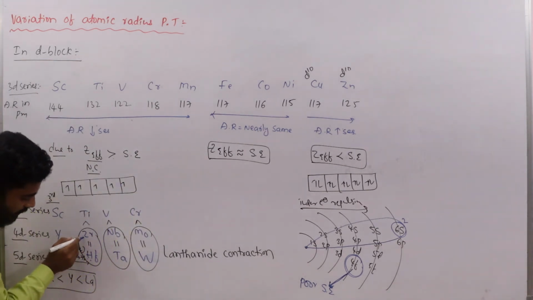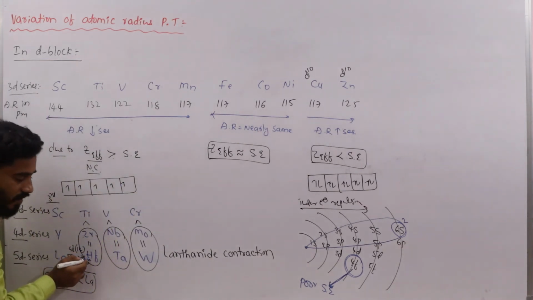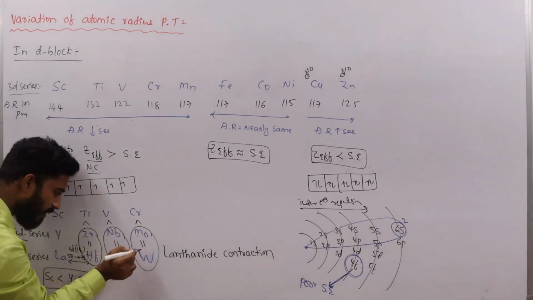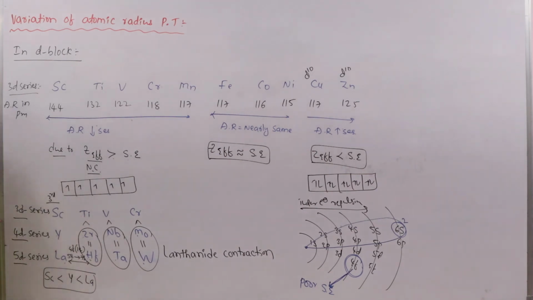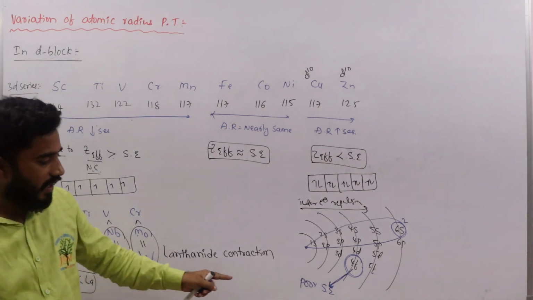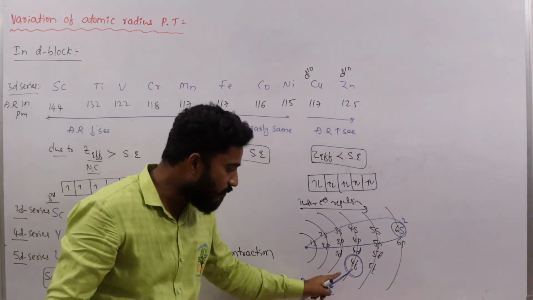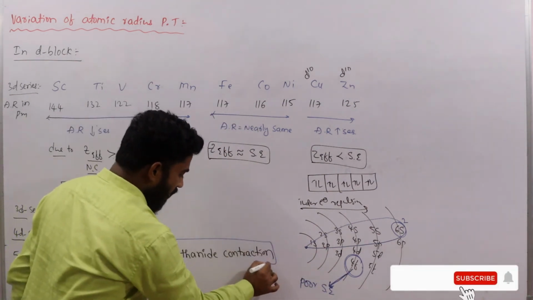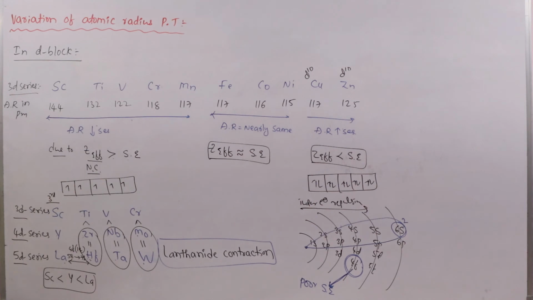That's why zirconium and osmium show similar size, niobium and tantalum show similar size, and molybdenum and tungsten show similar size. The decrease in atomic radius due to the poor shielding of the 4f orbital is nothing but lanthanide contraction.